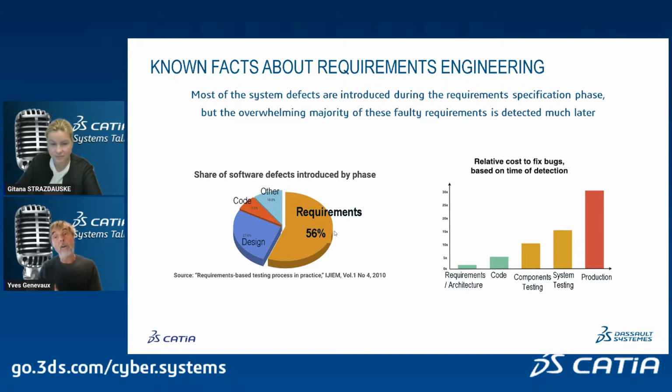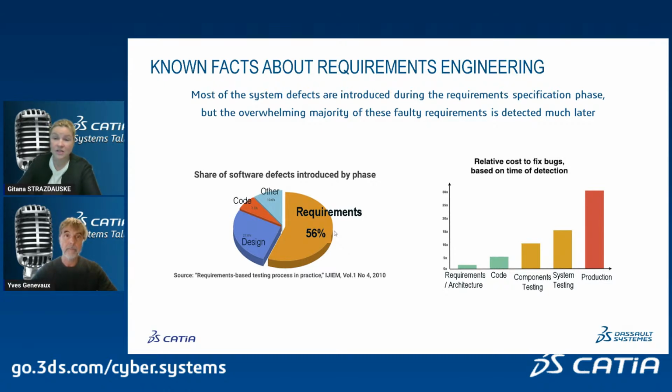Requirements errors are often found during system testing. When you realize that the system is not behaving as expected and dig into the root cause, it's often a wrong requirement. So it's a big issue leading to additional costs and delays. And there was absolutely no solution on this topic at all before Stimulus.